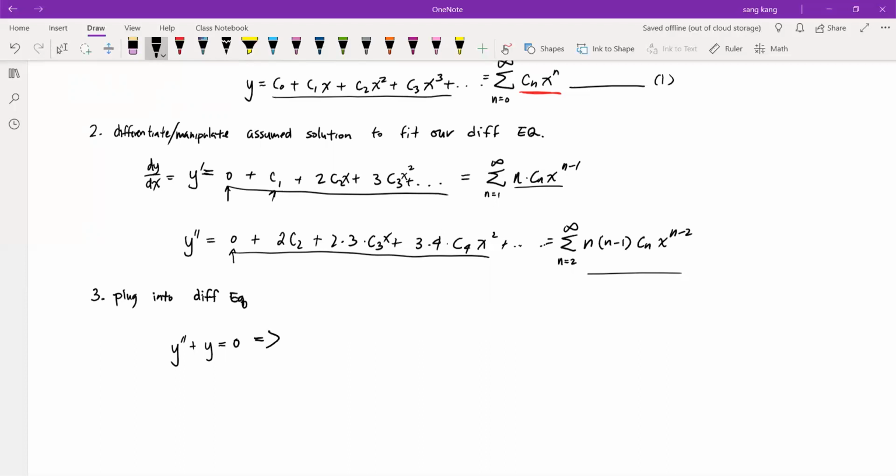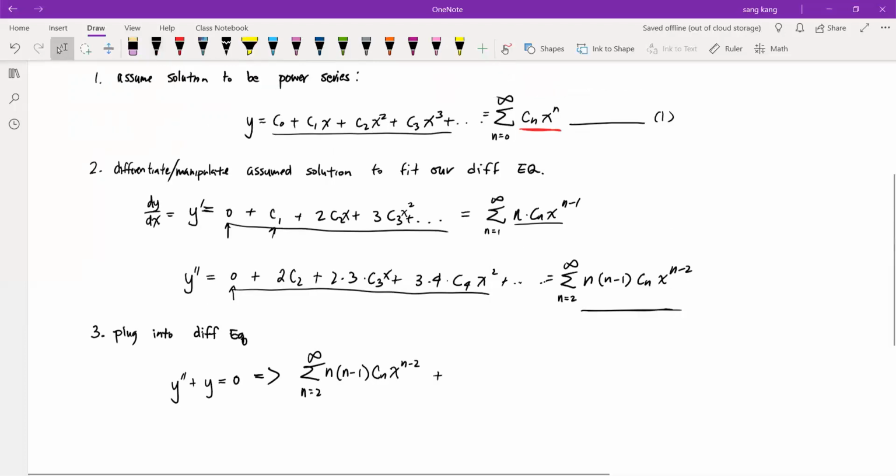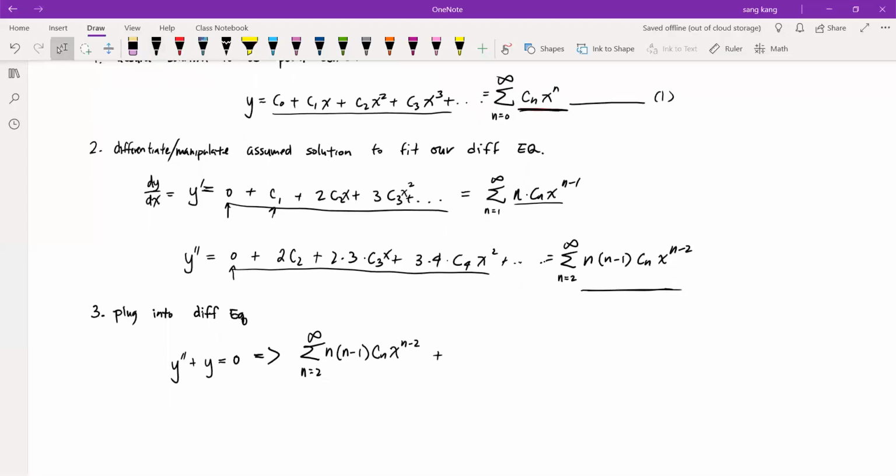So y double prime will be this guy here: sum n times n minus 1, cn, x to the n minus 2, n equals 2 to infinity, plus y, which is equation 1 here. So that'll just be the sum of cn times x to the n, n equals 0 to infinity. And this whole thing is equal to 0, right?